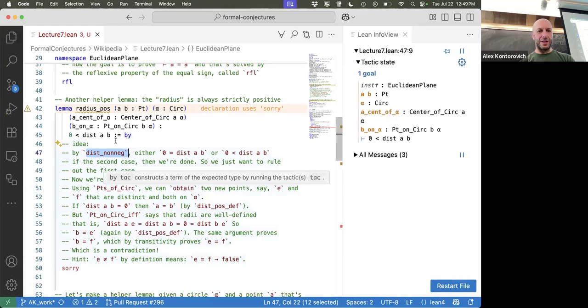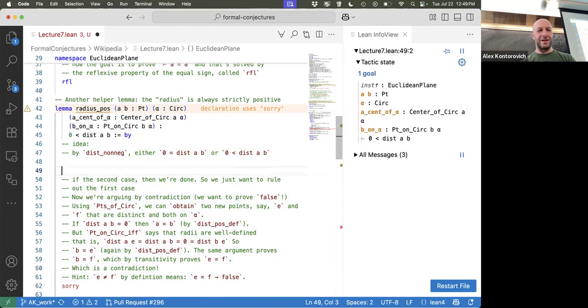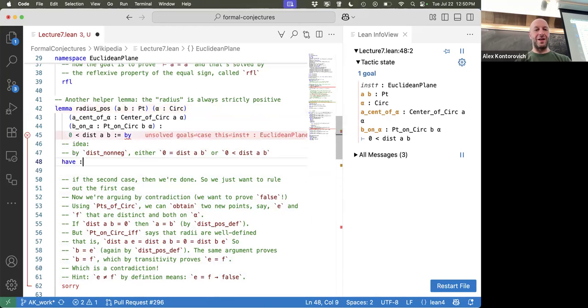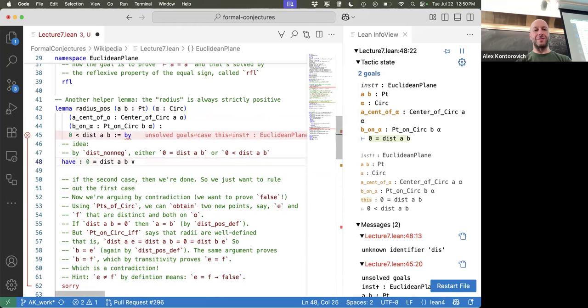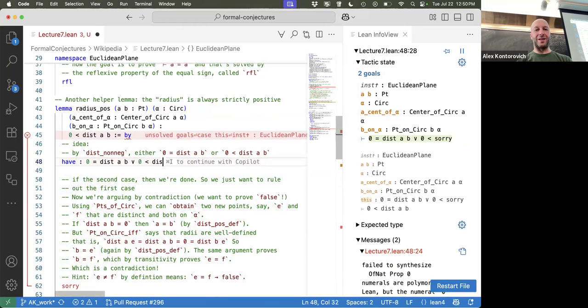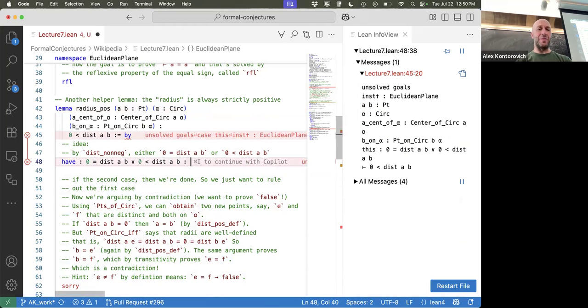Okay, so let's say that formally. Let's just say have either 0 is equal to dist AB, or 0 is less than dist AB. Now, how do we prove this?